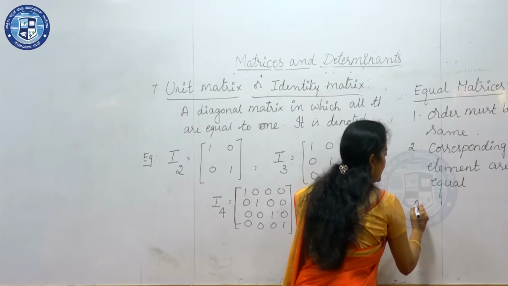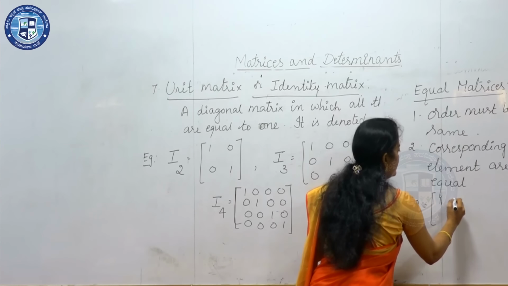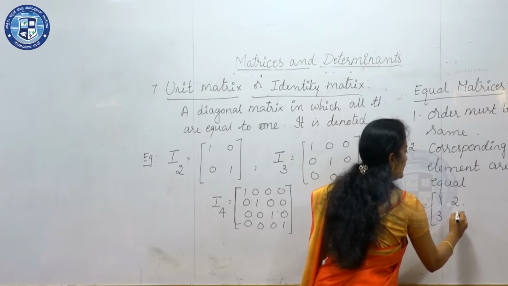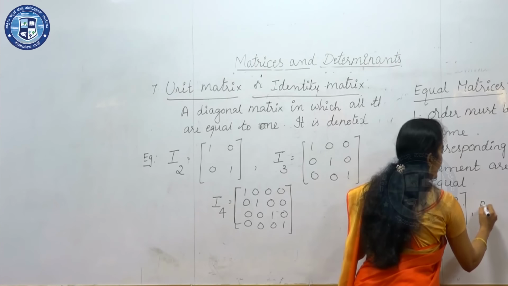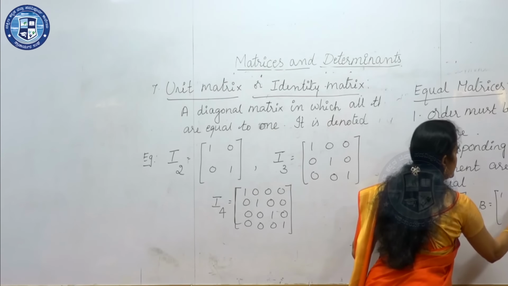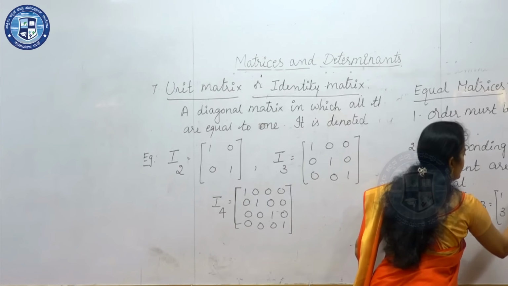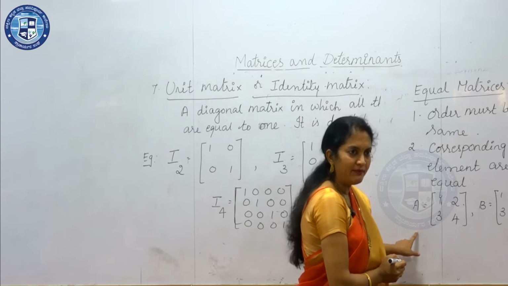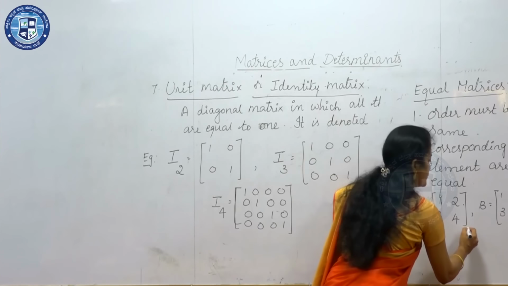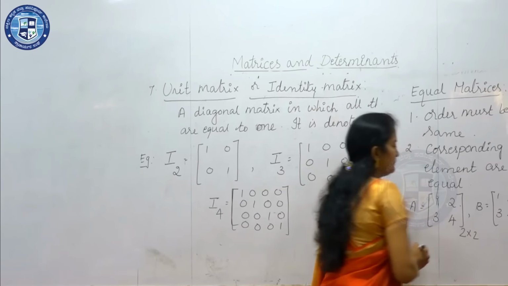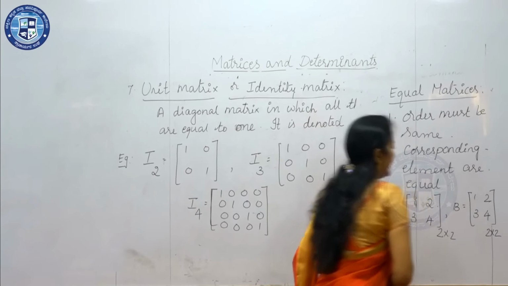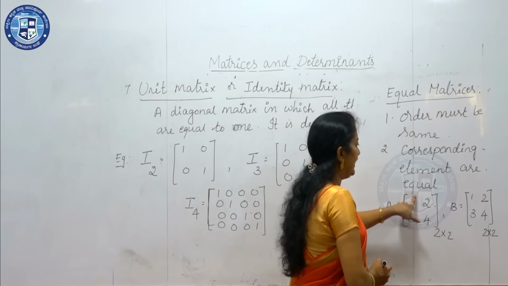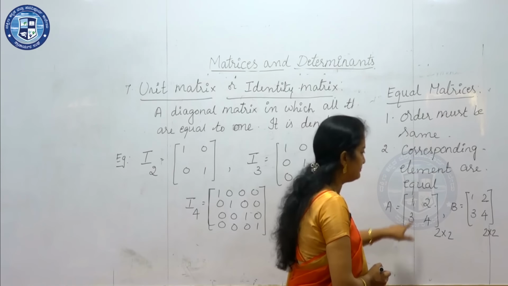Suppose A is a matrix 1, 2, 3, 4. B is another matrix 1, 2, 3, 4. A is a matrix of order 2 by 2. B is also a matrix of order 2 by 2, and both have the corresponding elements same.